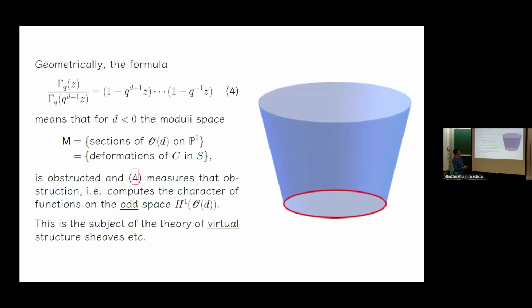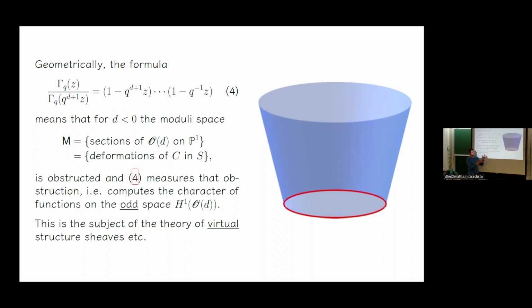But geometrically, the formula that if d is negative, instead of going in the denominator, it goes into the numerator, corresponds to the fact that if I have a negative normal bundle, then not only does the curve not deform, but in fact it has a non-trivial obstruction.